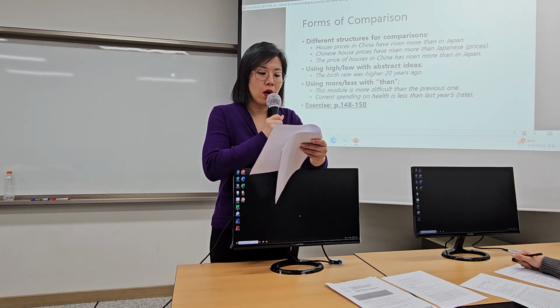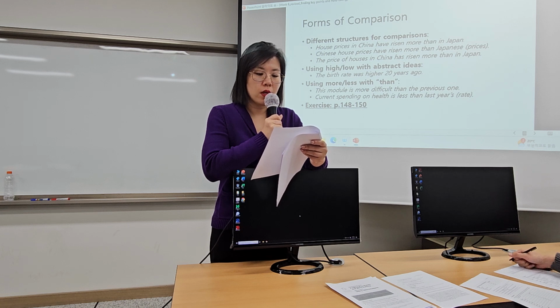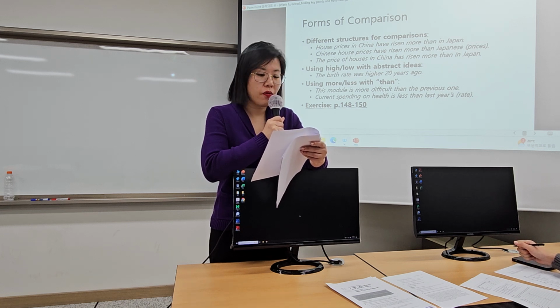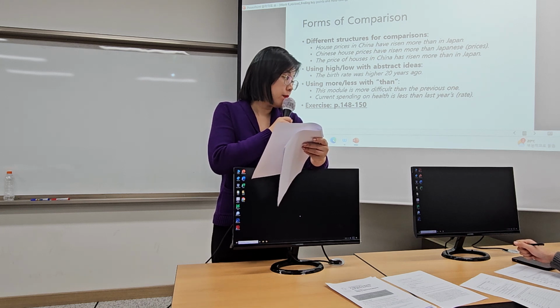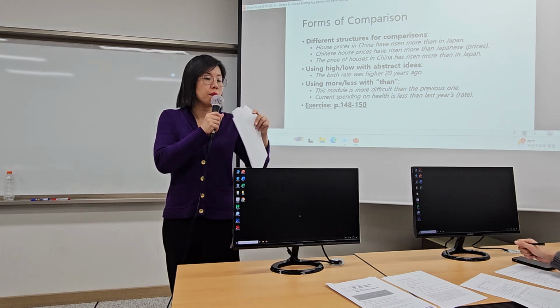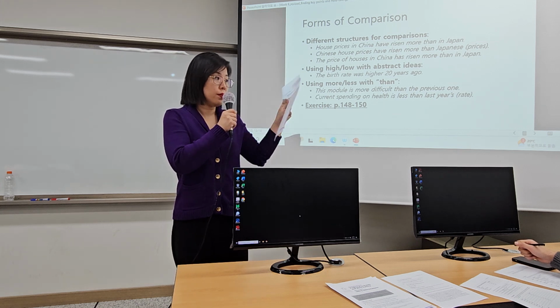It says, "Among various European nations, Luxembourg produces the greatest amount of its energy from renewable sources." So this is the first sentence, and you complete the whole paragraph by studying the table. You can write down anything, but complete the whole paragraph. Okay?